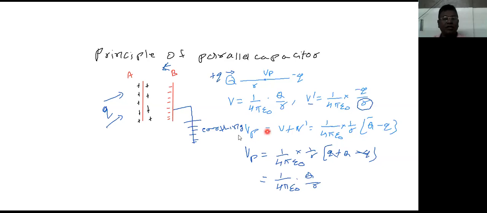The net potential at P again would decrease. So the potential of A will further decrease because of the presence of the negative charge. Therefore, you find that when B is brought closer to A, the potential of A has further decreased. To bring it back to its original potential, I can add more amount of charge to it. Try to understand this.